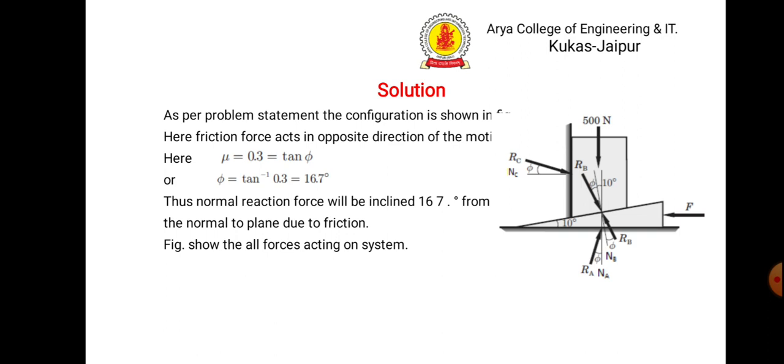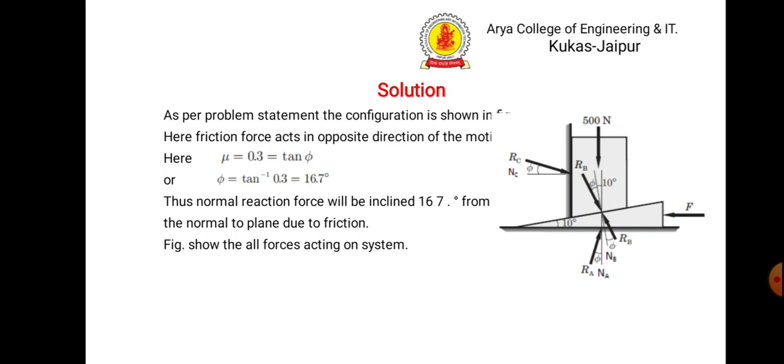Now if we apply the force F, the wedge will move towards the left, hence we move NA by an angle of phi in the direction of force, so it is phi with the vertical. Then RB: since the wedge is moving inclinedly downward as compared to the body, we move it in the direction of motion, that is RB, with angle phi.